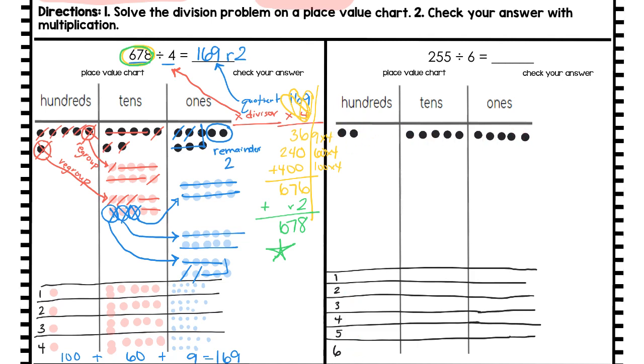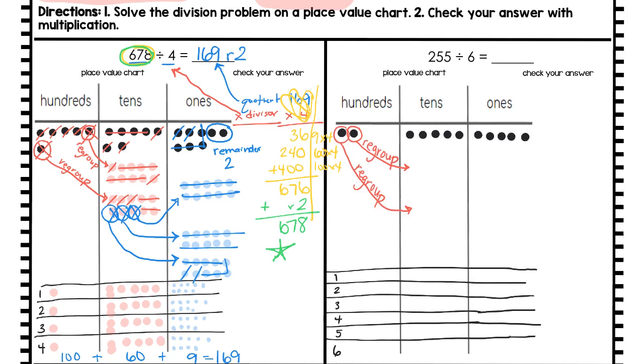So when we start in our hundreds place, because it's the largest, we have 2 hundreds. But I can't split that into 6 groups of hundreds, so I must regroup them. So I'm going to circle each of them and regroup them.